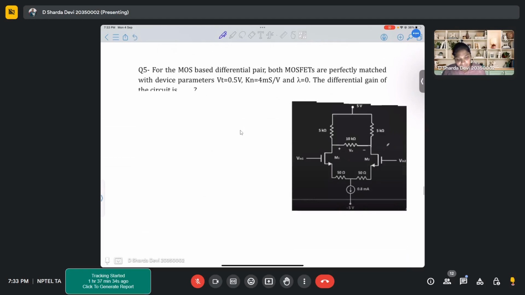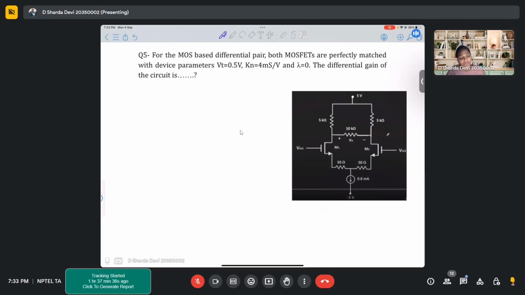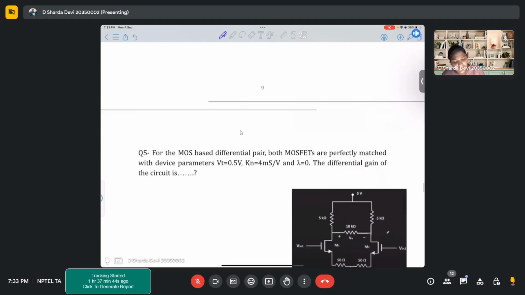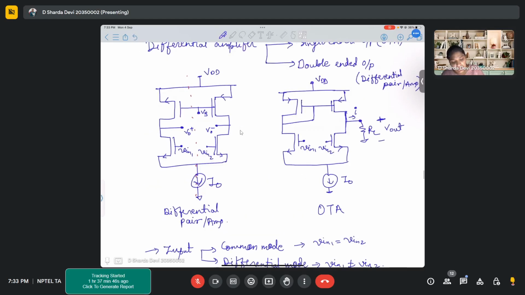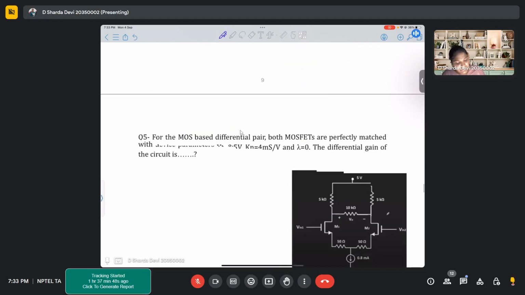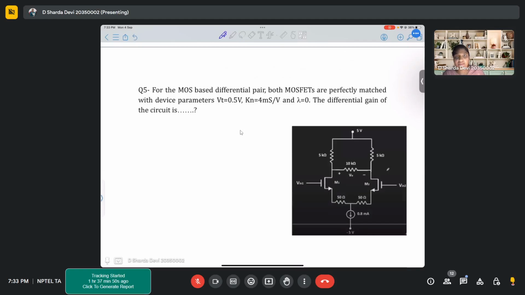So this is a differential pair circuit. Can you observe that? Here, instead of these PMOSs, simple resistors have been used. Ultimately, the PMOSs also act as active loads, so they are acting as loads only.